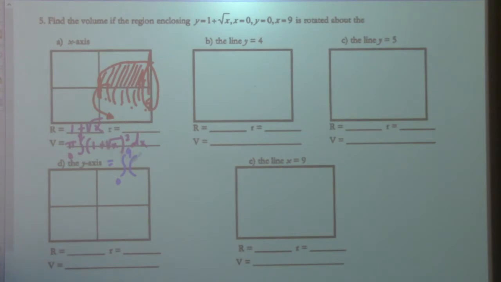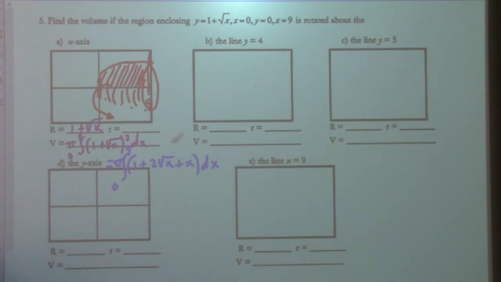We're going to have 1 squared, which is 1, plus 2 square root of x, plus x, dx. Oh, there's pi out front too, right? Everybody see how that happens? The squaring.